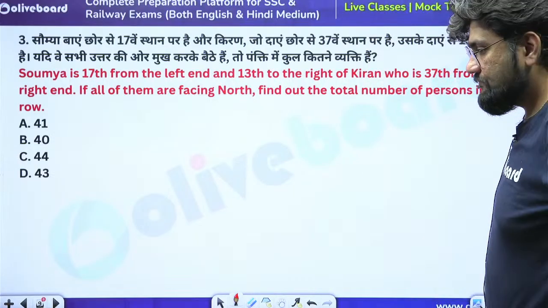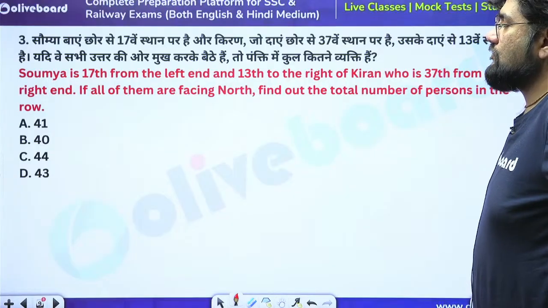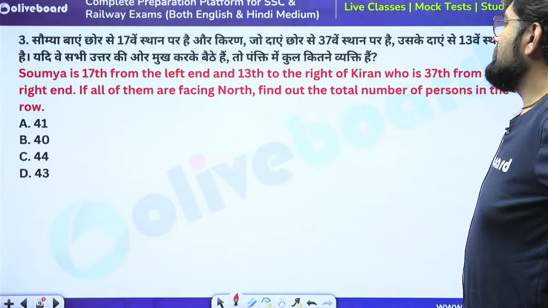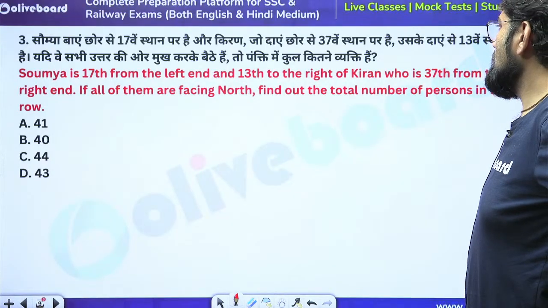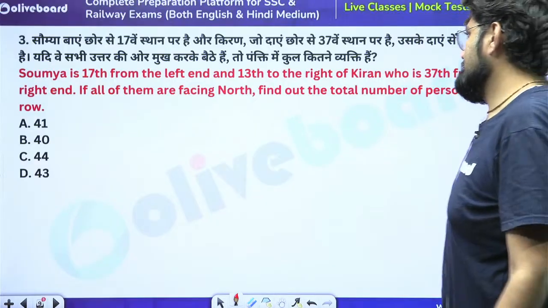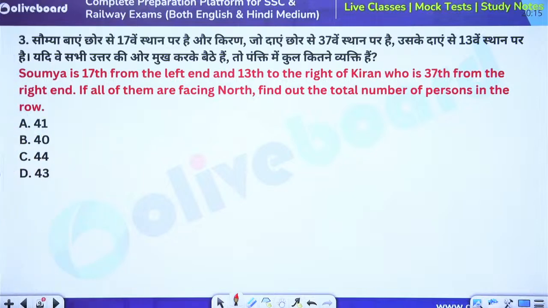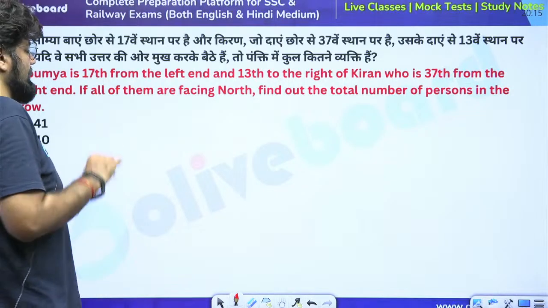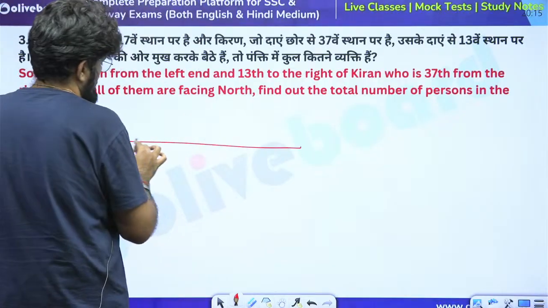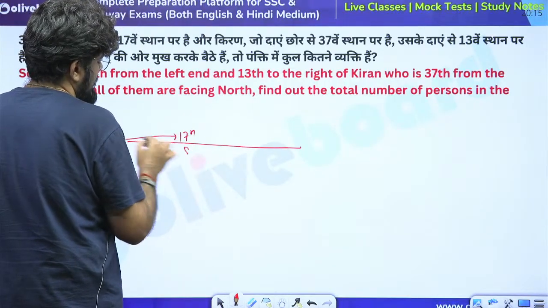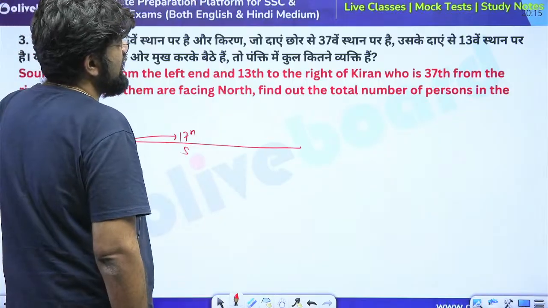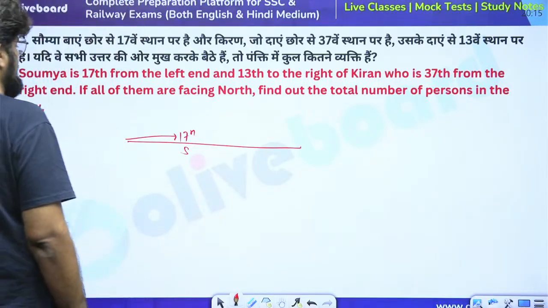This one is interesting. Soumya is 17th from the left hand, and 13th to the right of Kiran, who is 37th from the right hand.